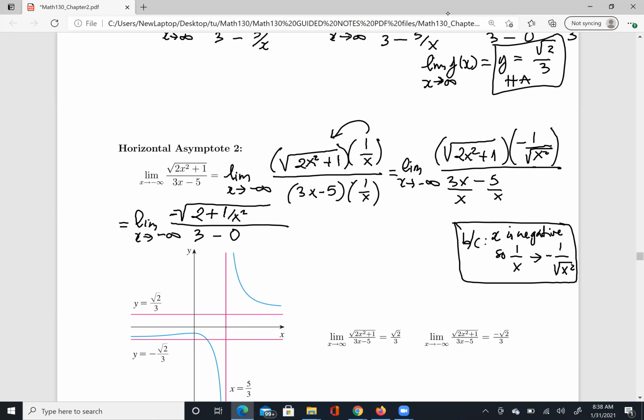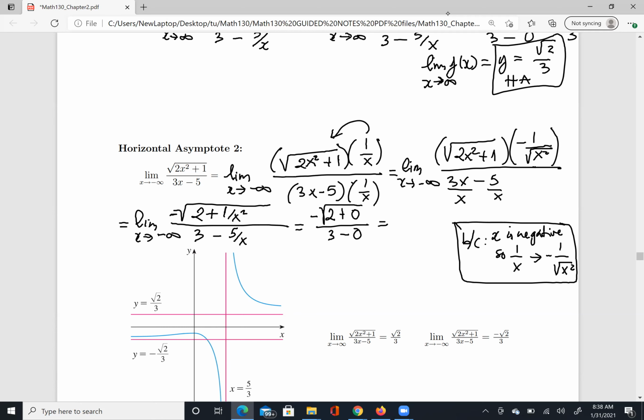I haven't finished the limit, so I'm just going to keep it at 5 over x first. And now I will have the top as negative square root of 2 plus 0, divided by 3 minus 0.